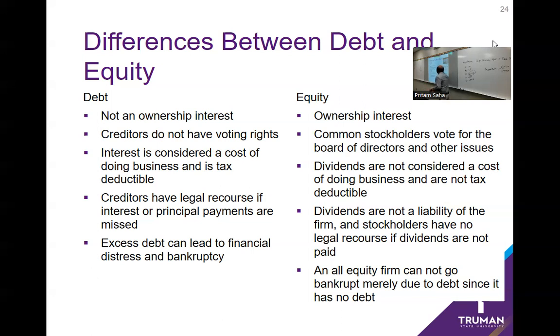So that's why dividends are not considered a cost of business and are not tax deductible. They are not tax deductible because after we pay tax from here, we get net income. Dividend is basically paid from there, right? Make sense?